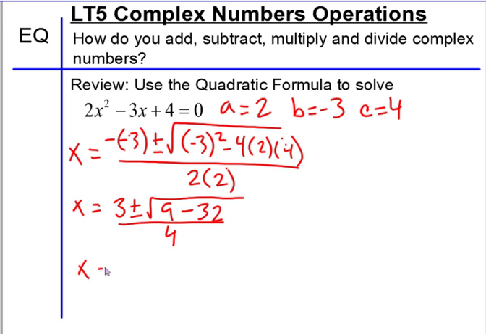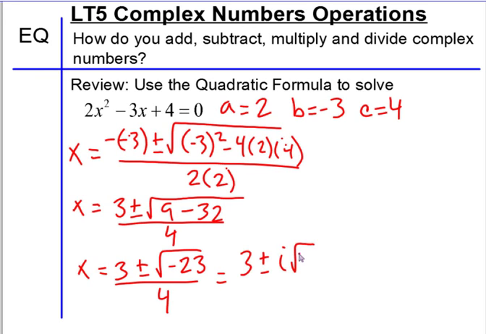And so our x is going to be equal to 3 plus or minus the square root of negative 23, all over 4. And remember, when we have a negative underneath the square root sign, it's a number that we cannot square root. So we express this with an i instead of the negative. So our final answer is 3 plus or minus i square root 23 divided by 4.